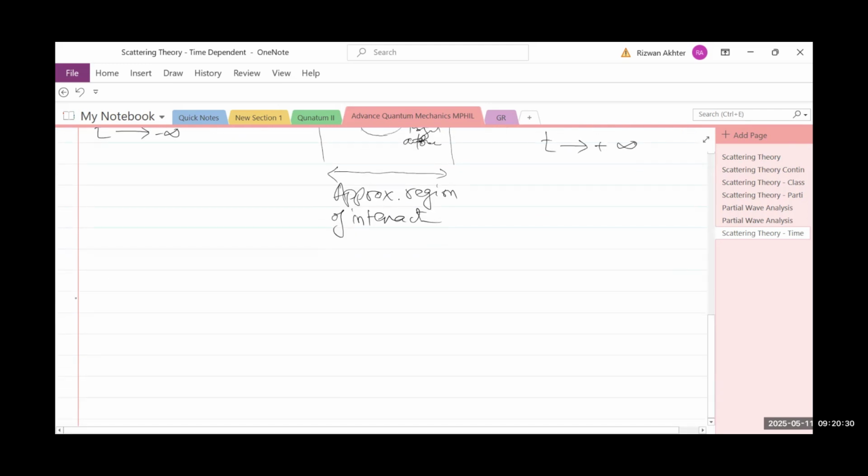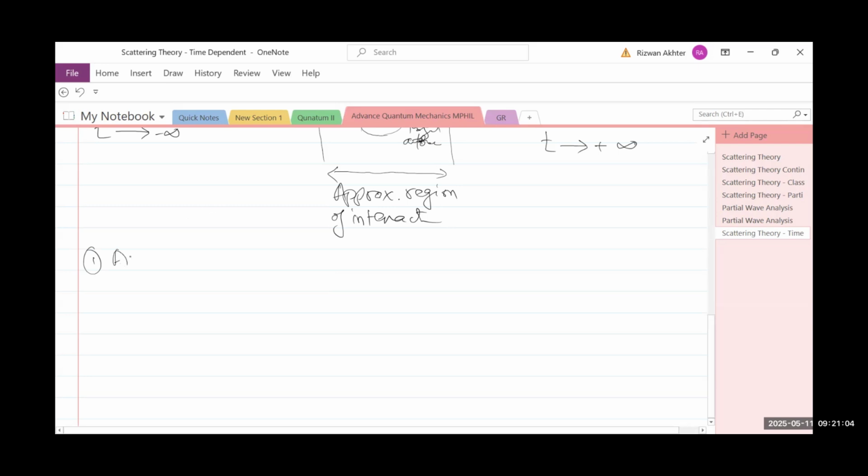Number one is the part where the electron is approaching the target, and along this region the path is almost straight, until it reaches the interaction region. When we say the path is almost straight, we mean that at large distances from the target the particle is free and does not feel the potential of the target.